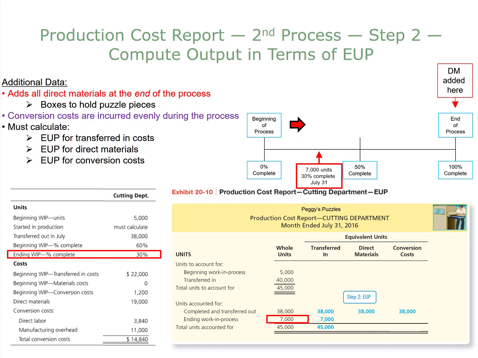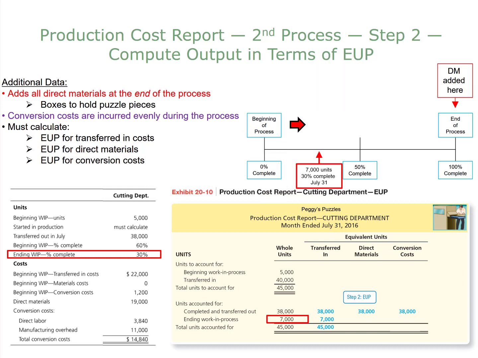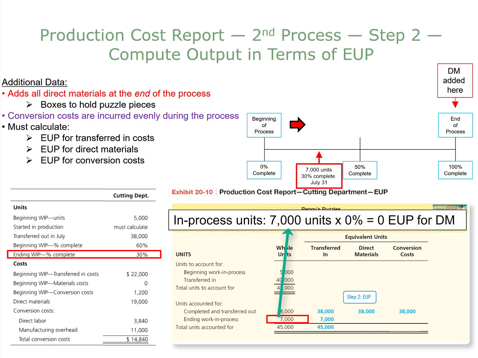Well, since the 7,000 units are only 30% through the process, and the direct materials are added only at the very end of the process, 0% of the puzzles have the direct materials added. So our calculation is 7,000 in-process units times 0% equals 0 equivalent units of production for direct materials. Now we simply place the 0 EUP on the production cost report for direct materials. Then for the direct materials column, we add the 38,000 EUP with 0 EUP and get a total of 38,000 EUP for direct materials.